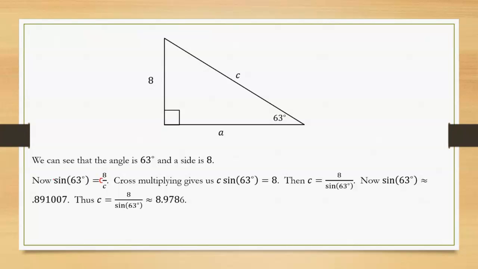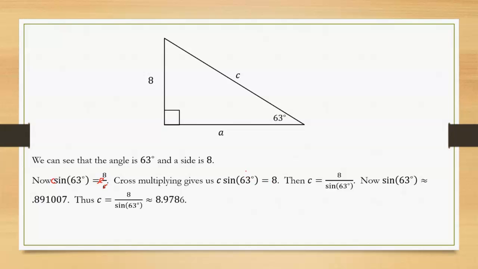So multiplying both sides by C. I'm just doing it like this to avoid confusion. If I left it on the right side, that's fine, because you can multiply in any order you want. So these cancel, and we get C times sine of 63 degrees is 8.